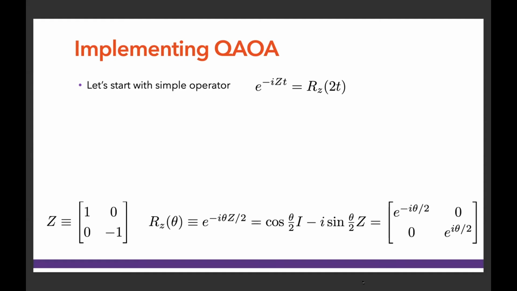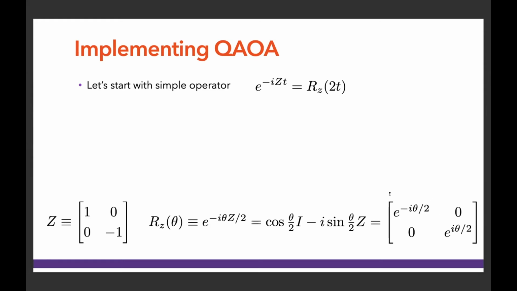Okay, so let's start with a very simple operator, where we just want to do time evolution with Pauli Z. Let's see quickly that it's just equal to RZ with the rotation angle being 2 times the time of evolution. To see this, you don't really need to do much more than squint at the definition of RZ, which is the exponent of minus i theta Z over 2, where RZ is rotation with the angle theta.